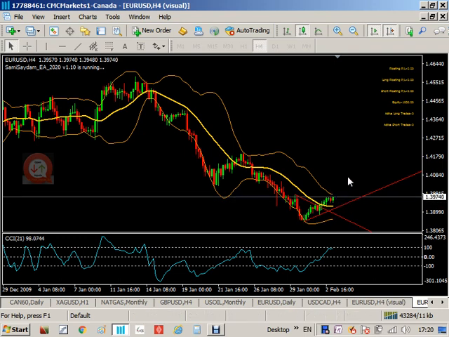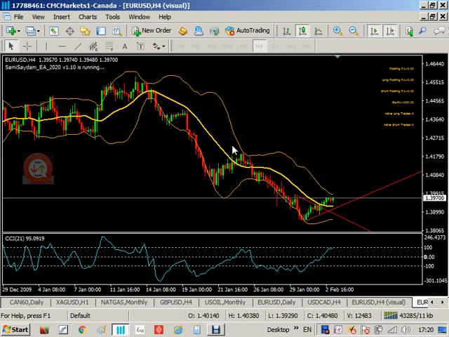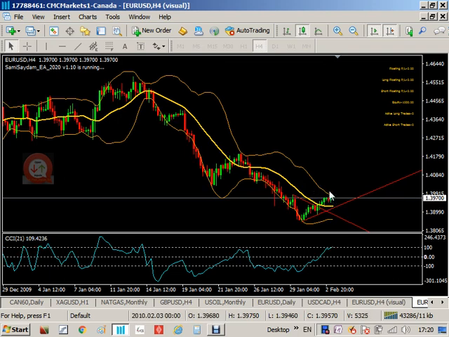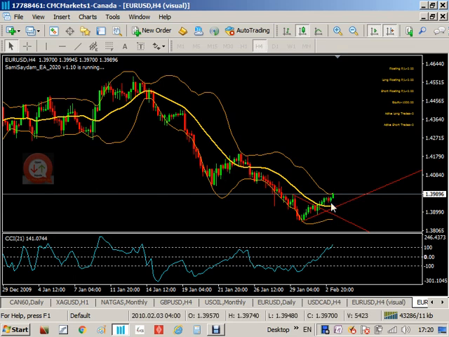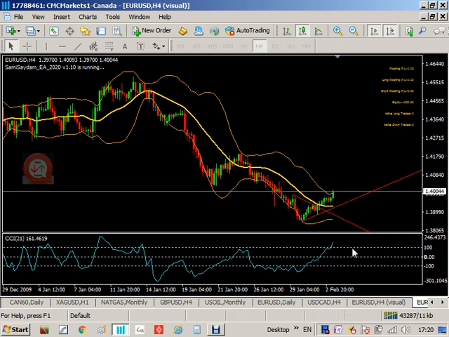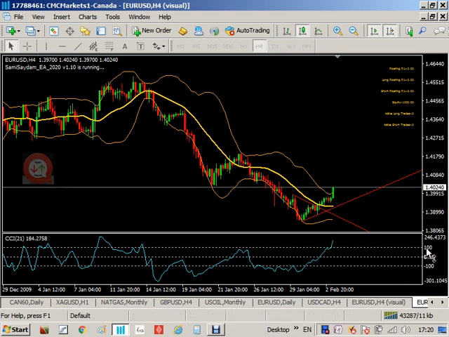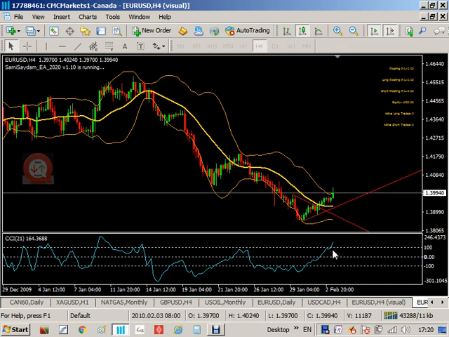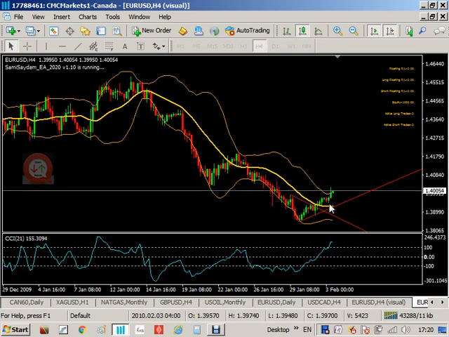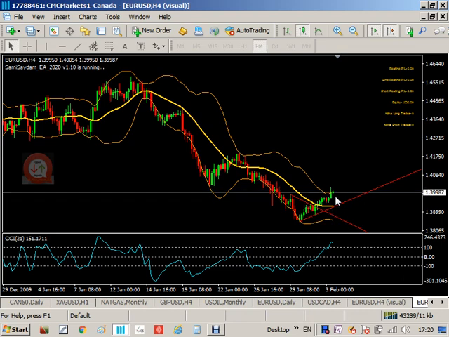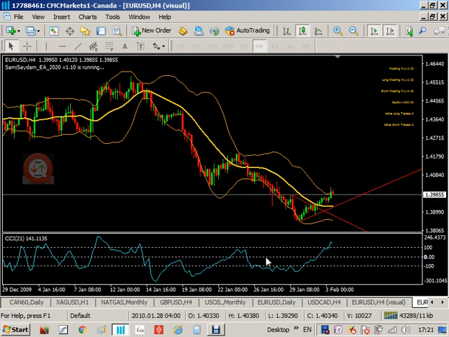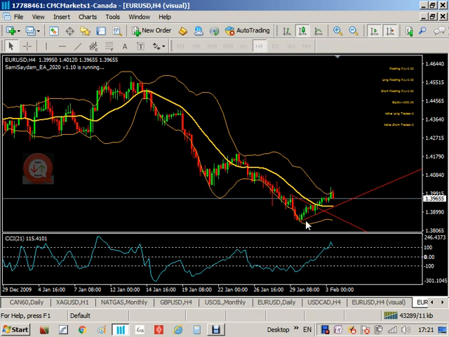Is it going to touch the Bollinger Band? Yes, the upper one. Already breaking up the 100 level, as you see. So here it's up to you. You can take the profit, or you just wait for more money.